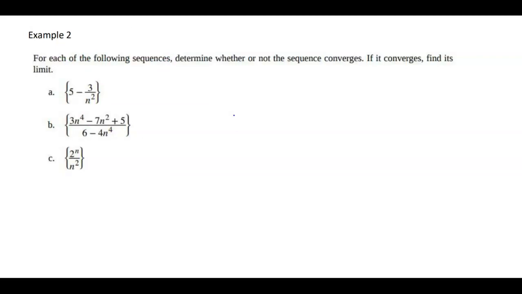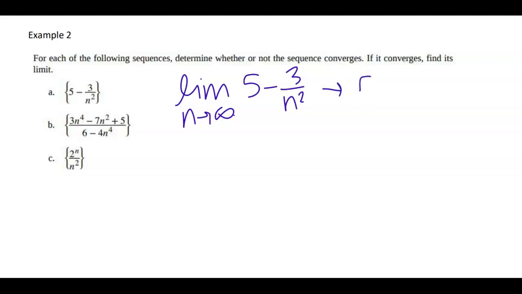So if I take the limit as n goes to infinity of this term, n goes to infinity means that 3 over n is going to go to 0. And so this goes to 5, so we say that this converges.